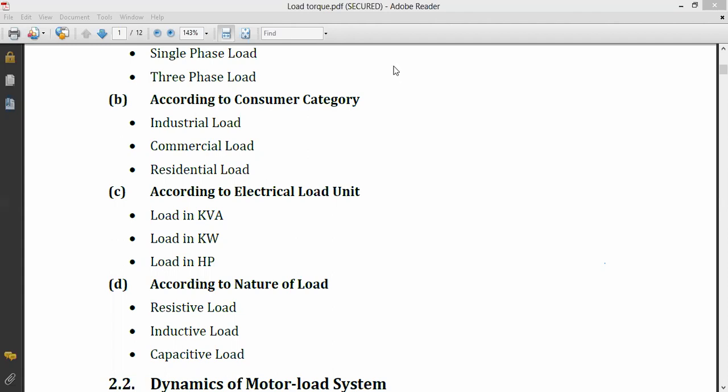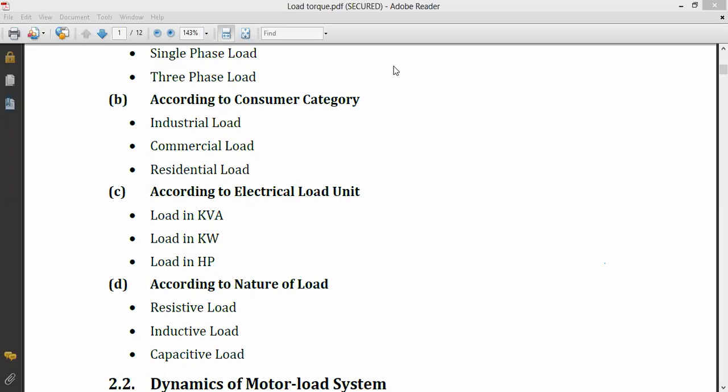In that case, the rating of the motors is in HP, that is horsepower. And we all know that 1 HP is equal to 735.5 W. So accordingly, the rating of the motor can be selected. So depending upon the electrical load unit, the load will be classified into 3 main categories: load in kVA, load in kW, as well as load in HP. This is the third classification of the type of load under power.